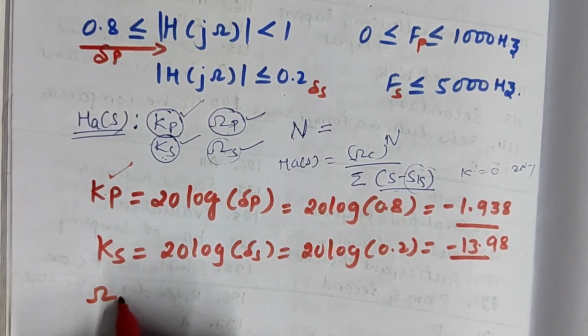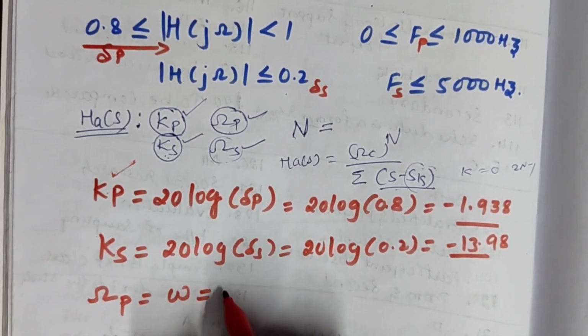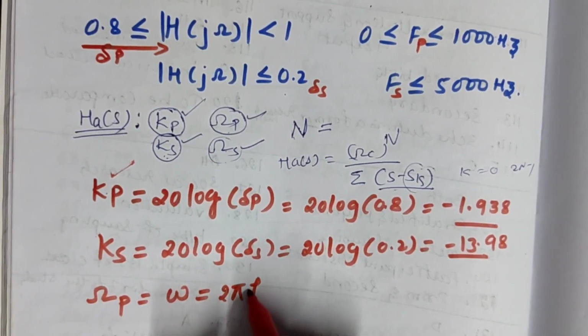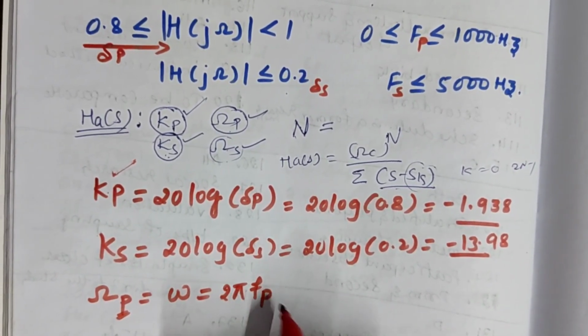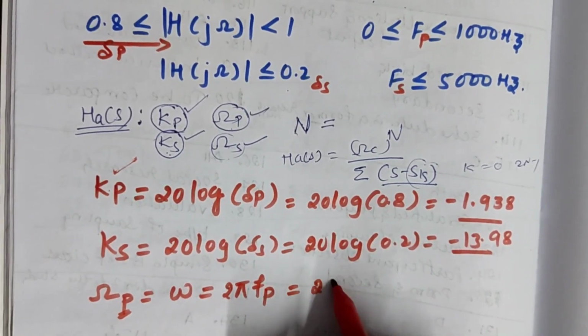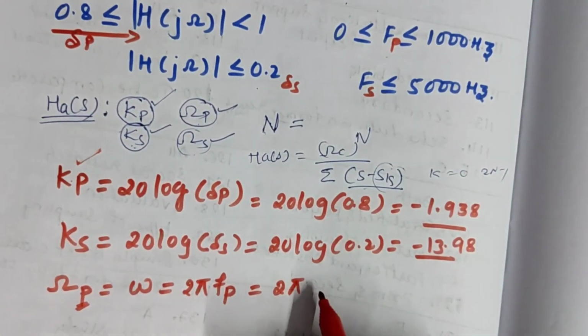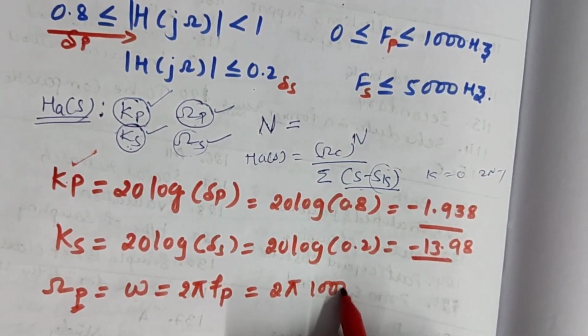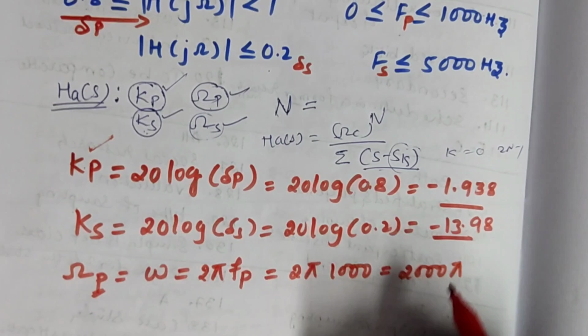Next we have to calculate ohm P. Ohm P is nothing but our omega, and omega is nothing but 2 pi f. With respect to the passband, we take it as 2 pi fp. Since 2 pi is a known factor and fp is given here as 1000 hertz, it comes to 2000 pi.